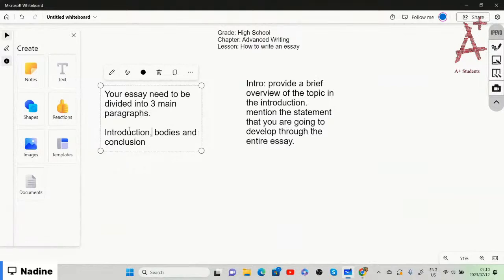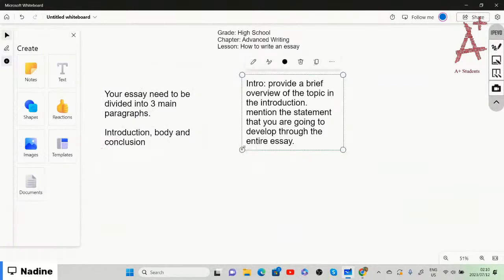So we have an introduction, we have the body or bodies, and we have the conclusion, right? So your essay needs to be divided into the three main paragraphs, which is introduction, a body, and a conclusion.